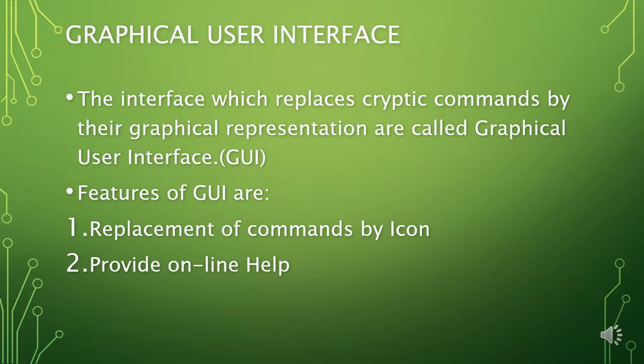Now, what are the features which are present in graphical user interface? The first feature is replacement of a command by an icon. Commands are grouped together in various levels of hierarchy, and when the user selects a group, further commands in that group are displayed.